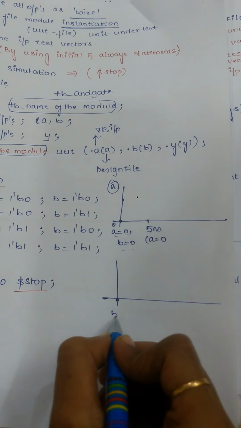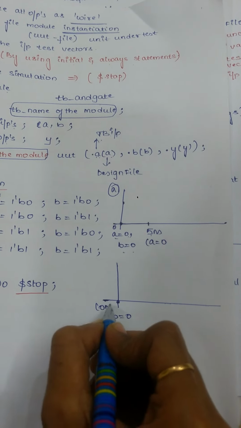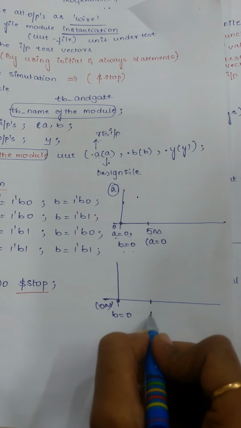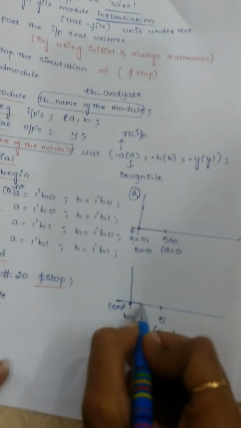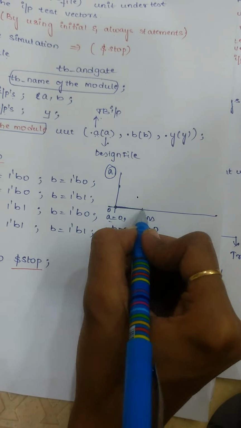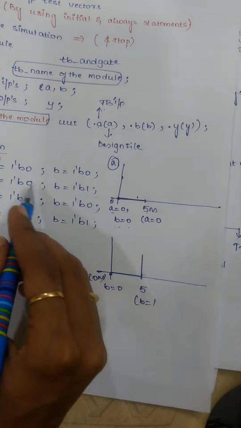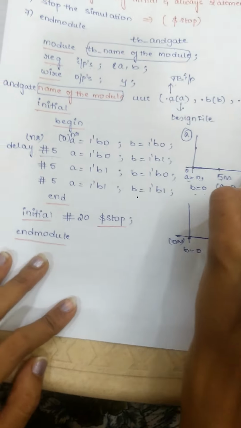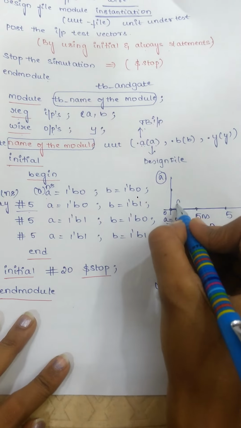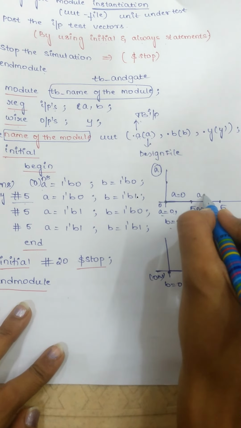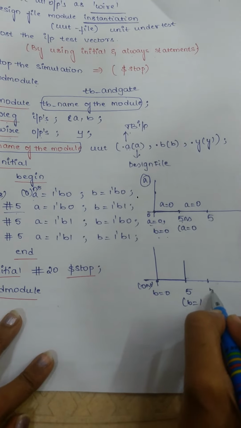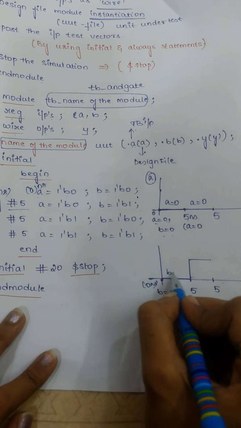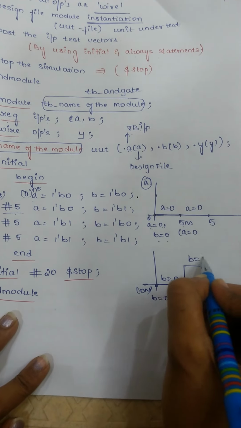B is also 0 at 0 nanoseconds. At 5 nanoseconds, my B changes to 1, right? So it will rise. My A will be 0 only. This condition should last for another 5 nanoseconds. Initially A is 0, again A is 0. Here at 5, B was 0 and now B is equal to 1.